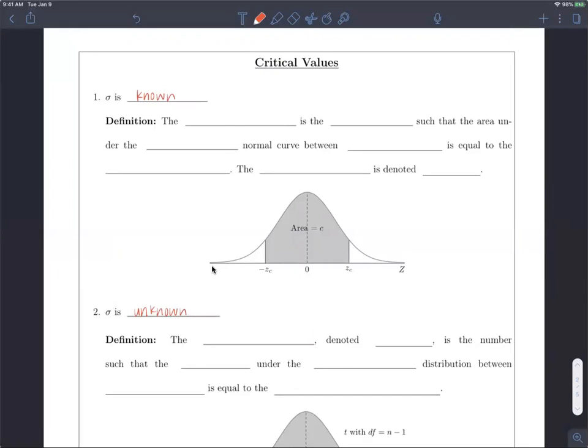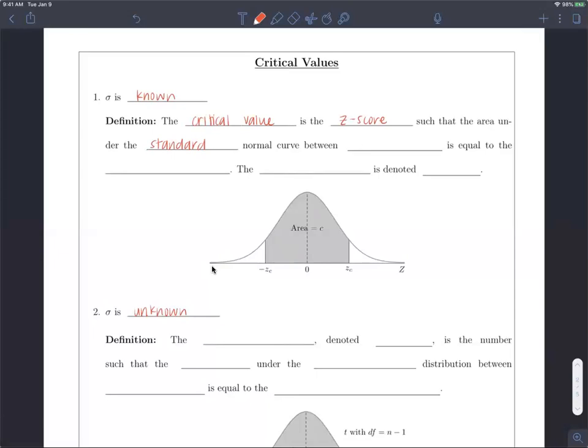And so depending on which variables you're given, it's going to change how you solve the problem. And so here, for this first definition, the critical value when you're given sigma, it's a z-score such that the area under the standard normal curve, right? And so remember, the standard normal curve is mean 0, standard deviation 1.